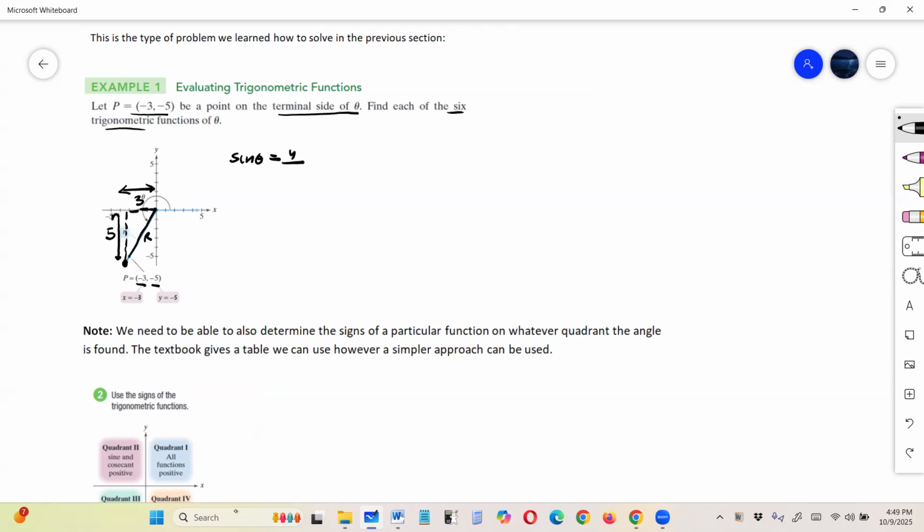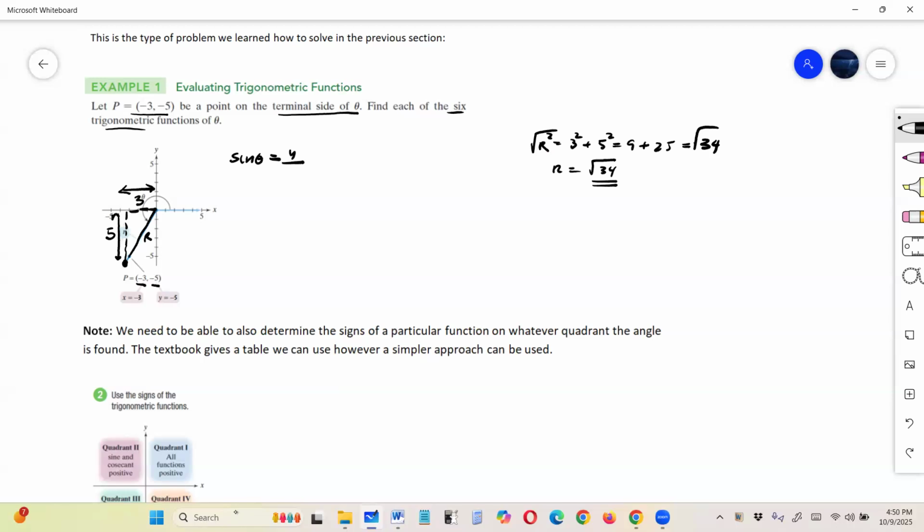And I can certainly find the radius using the Pythagorean theorem. So r squared equals 3 squared plus 5 squared. So 9 plus 25, and we get 34. Obviously, we take the square root of both sides, and we get square root of 34. Now, if we were able to, we would simplify this, but it's just 17 times 2, and we cannot do anything with that. So the radius is radical 34.